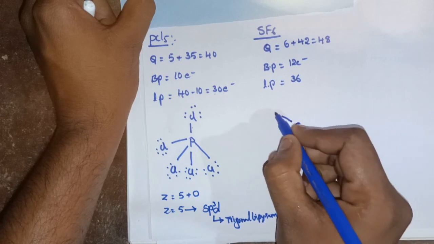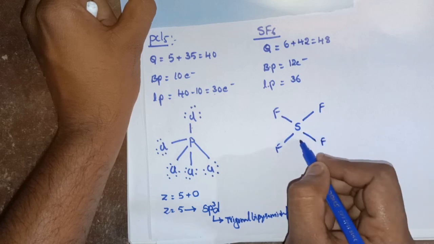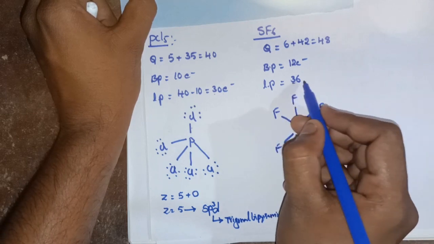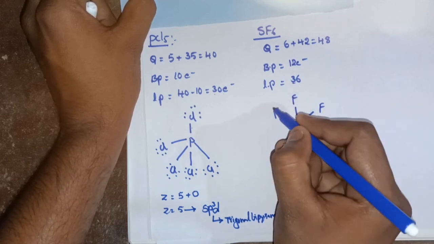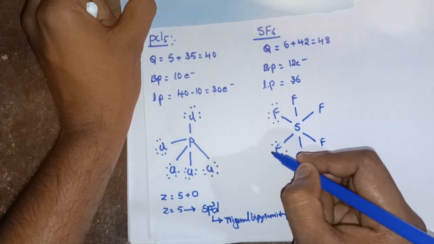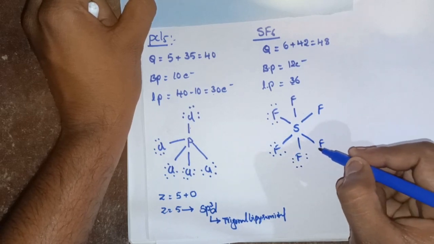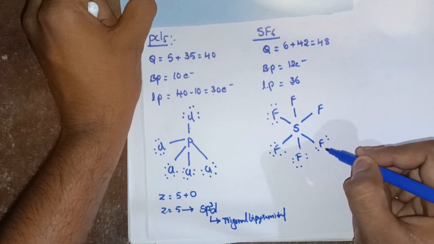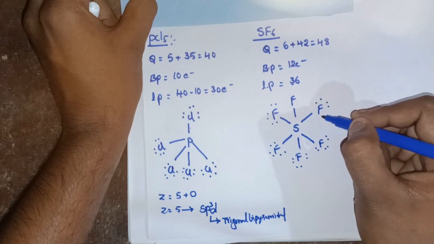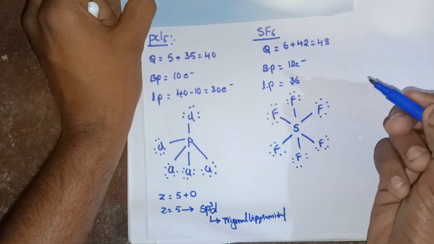Let's draw the structure of the SF6 molecule. Sulfur, 1 fluorine, 2, 3, 4, 5, 6. Let's fill these 36 electrons in this molecule. 2, 4, 6, 8, 10, 12, 14, 16, 18, 20, 22, 24, 26, 28, 30, 32, 34, 36.